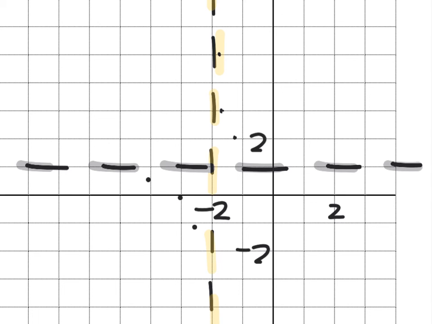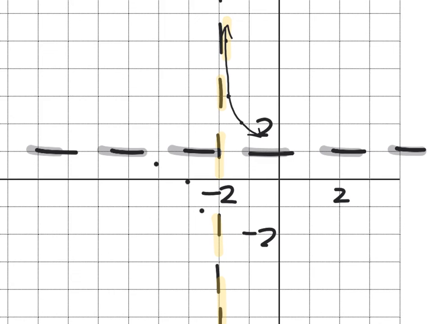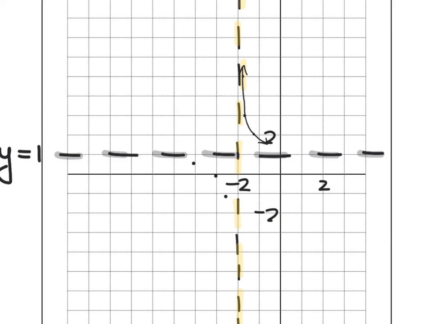And I can draw my curve through these 3 points very carefully. And that'll be the first arm of my graph. And then I can do the same thing with these points here.